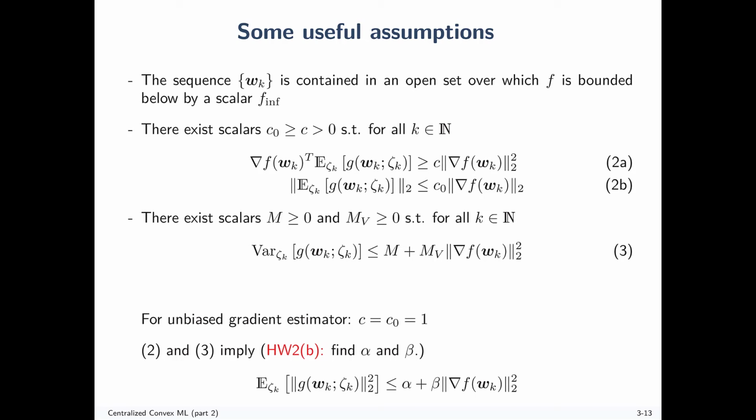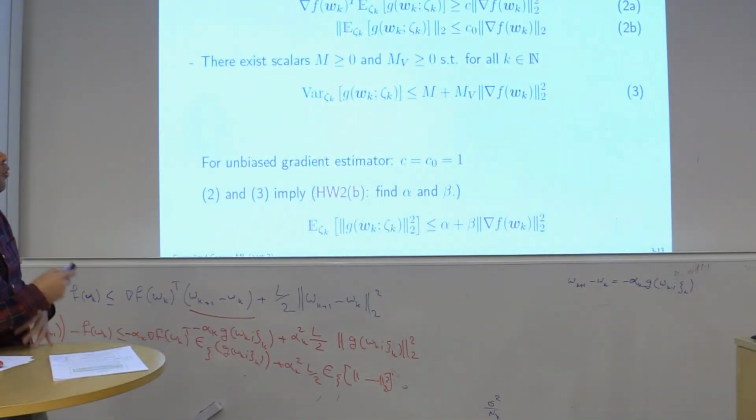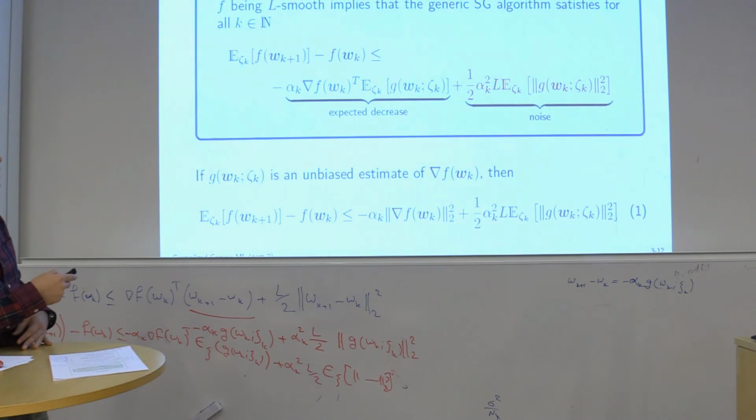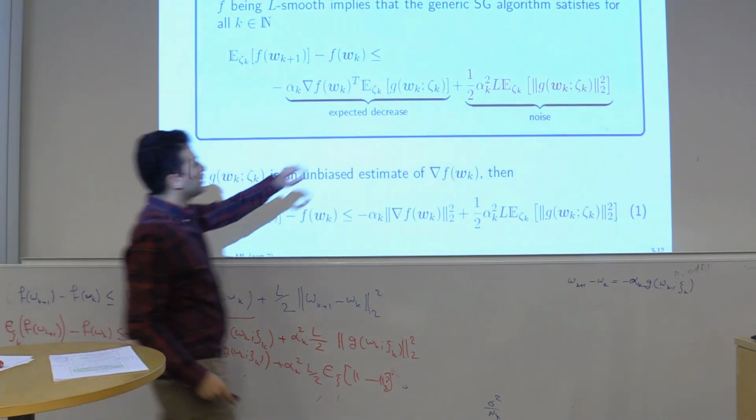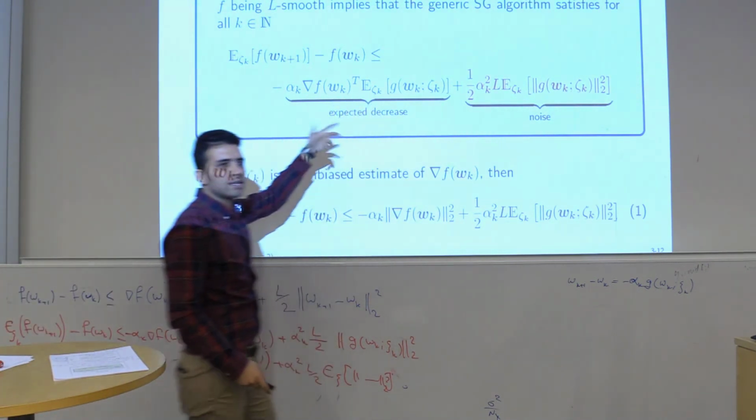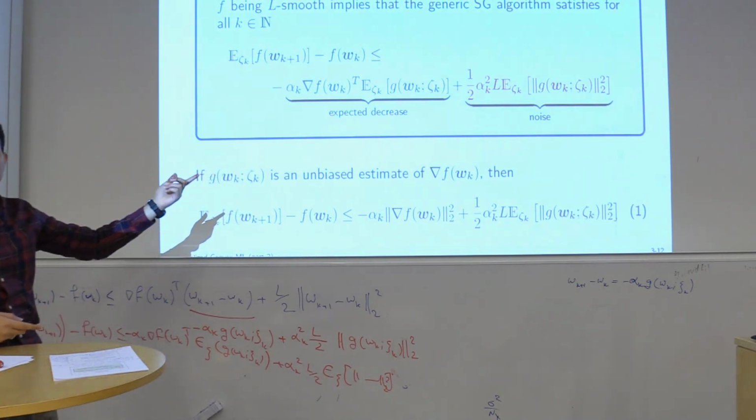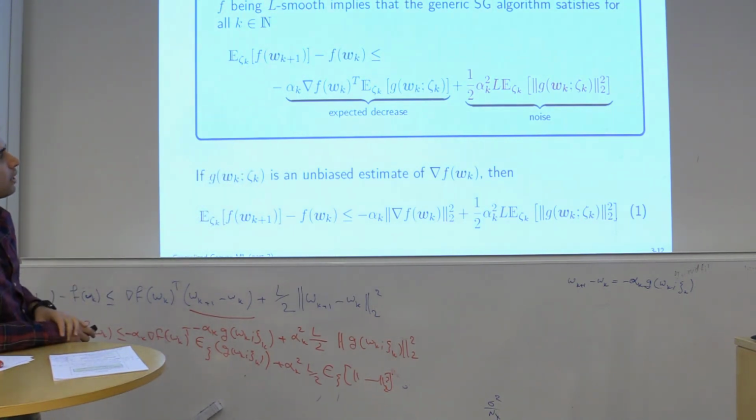It doesn't have to be in the same half space on all realizations, just on expectation. This is the only thing we're going to need. Why do we need that? You can imagine from here that this is exactly this term. We need that to make sure that we have an expected decrease.